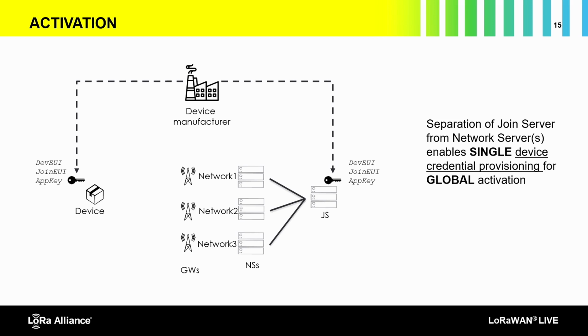So in the LoRa Alliance, the solution we present to address this problem is the separation of network server from the join server. A join server is a network element that stores the app key and that can authenticate the end device and generate the session keys. If you were implementing LoRaWAN, say 5 years ago, there was nothing called a join server.